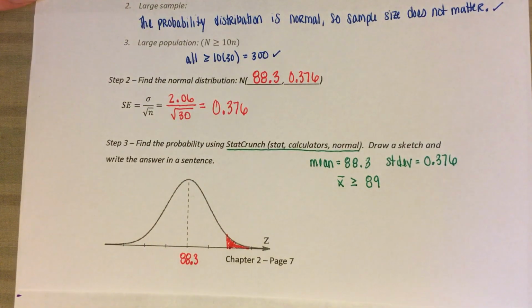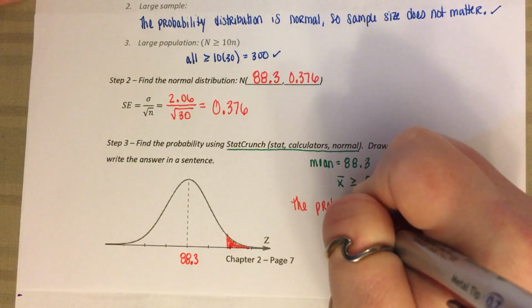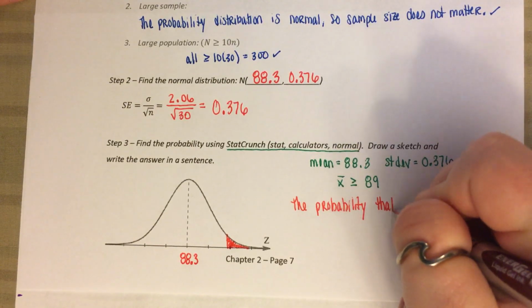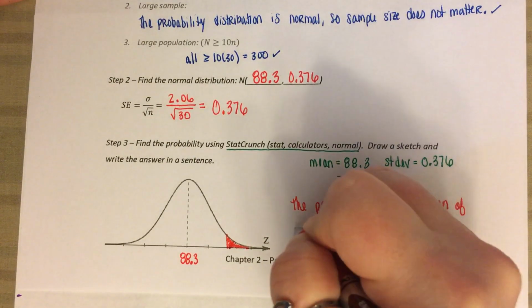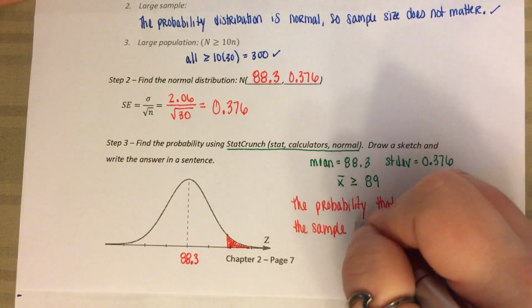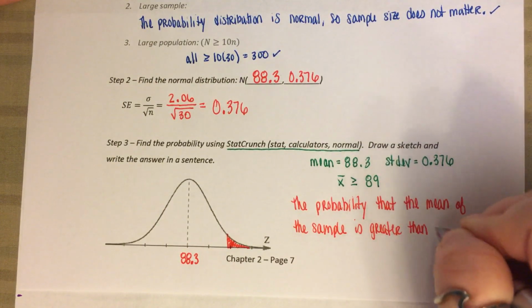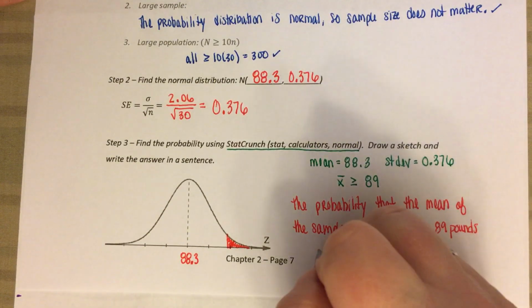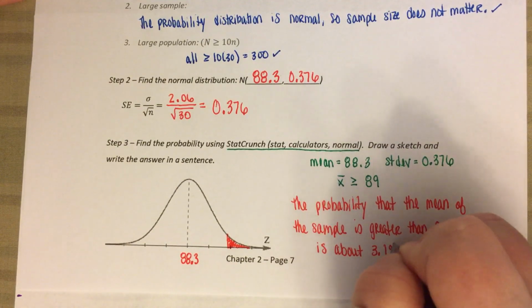Right, so to answer our original question then, the probability that the mean of the sample is greater than 89 pounds is about 3.1%.